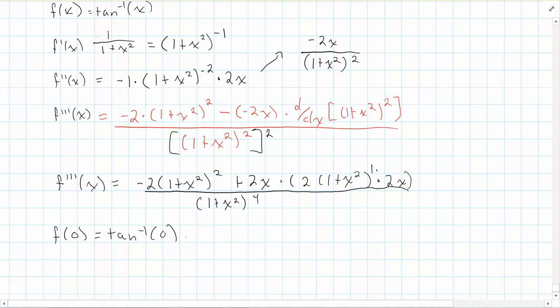The inverse tangent of 0 is 0. And then I need to evaluate the first derivative, which is 1 over 1 plus x squared, so it'd be 1 over 1 plus 0 squared, which is 1.